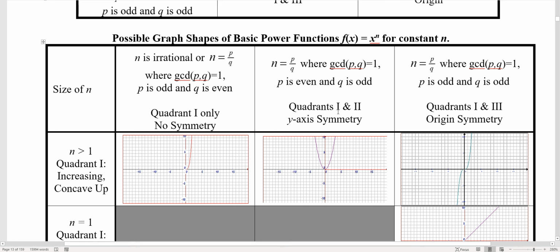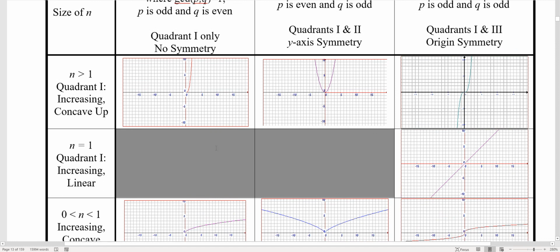That looks like this. Even over odd, rational power, looks like quadrants 1 and 2. So the second quadrant's a mirror image of the first. And if it's odd over odd, the third quadrant's a rotated image of the first one. n equals 1 is one specific one, so it doesn't fall in these categories. It's just a straight line, y equals x, and sure enough, it has origin symmetry.